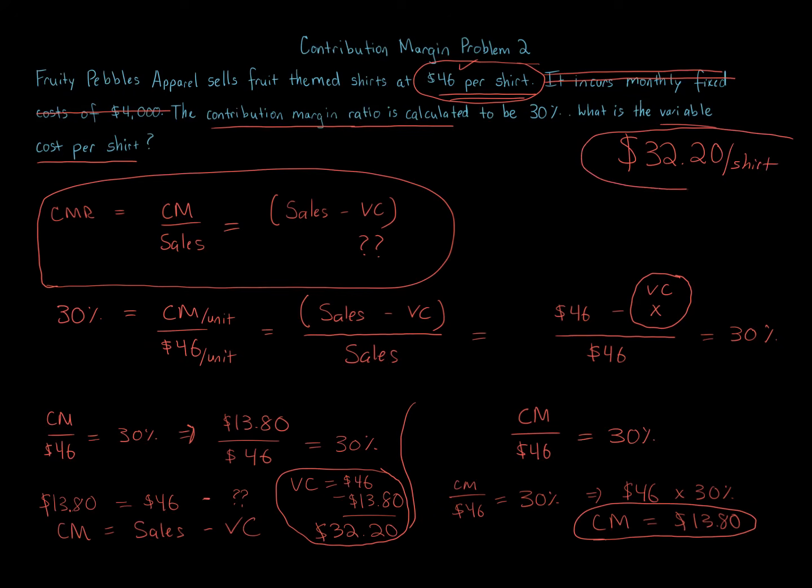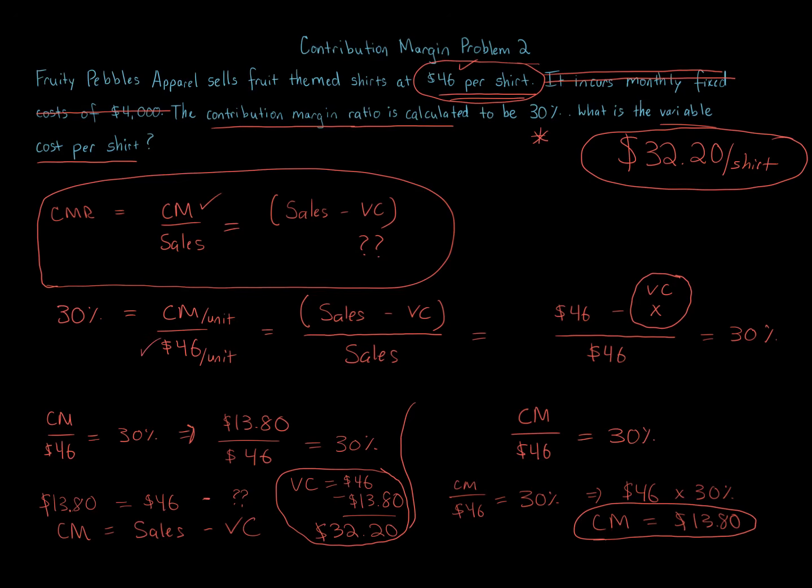And again, the way we did this, we were given the contribution margin ratio of 30%. Knowing the contribution margin ratio is contribution margin over sales, we can determine our variable cost because contribution margin is sales minus variable costs, and we're given the sales price. Since we know the contribution margin ratio, we know all the elements except the variable costs. So we start by setting the contribution margin ratio equal to 30%, and we know the denominator is $46 per unit.